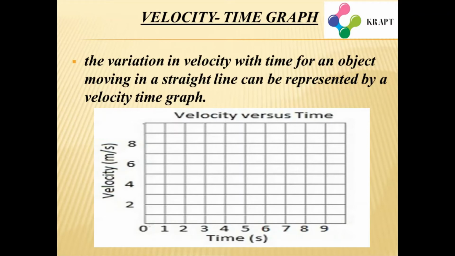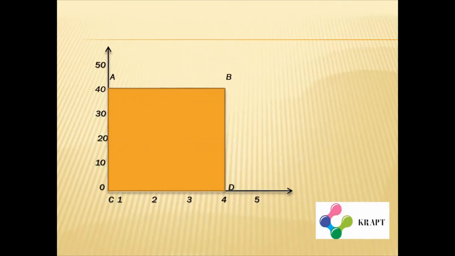This is an empty velocity time graph. So now you can see a graph. As I told you, the variation in velocity with time for an object moving in a straight line can be represented by a velocity time graph.